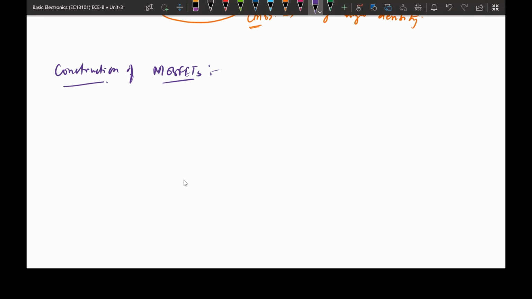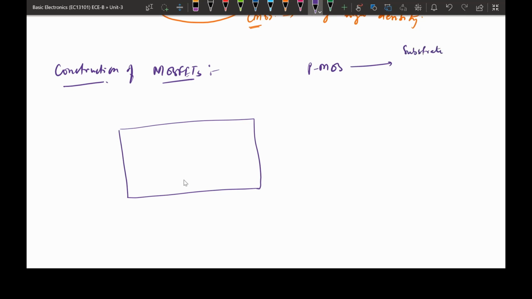The basic fabrication steps: we will first take a substrate. Suppose we want to fabricate a PMOS, then the substrate that we take is of N type.